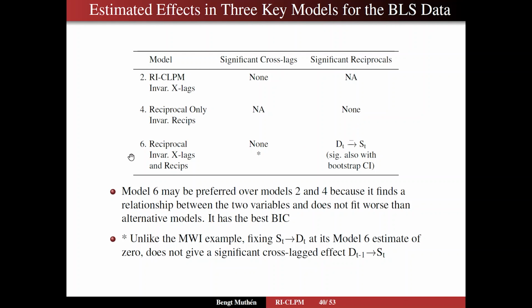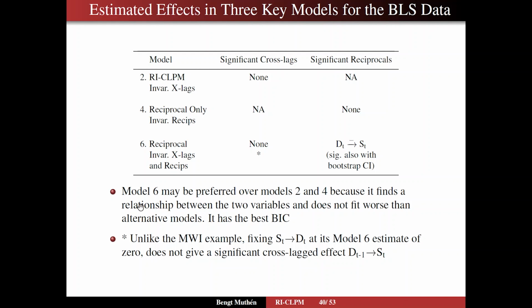But for model 6, you actually get a lag 0 effect that's significant from depression to self-esteem. And that's significant also with bootstrap confidence intervals. So that's interesting. You would find nothing by regular methods, but you find something of interest with the reciprocal model.